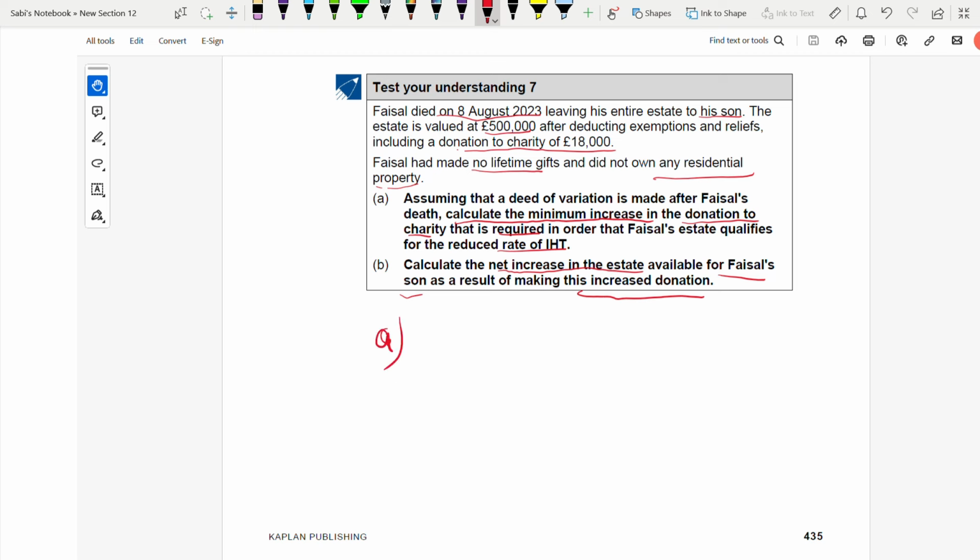What do you need? Where do you start? You have to calculate an item known as the baseline amount. How do you calculate the baseline amount? Start with the net estate, after the charitable legacy.